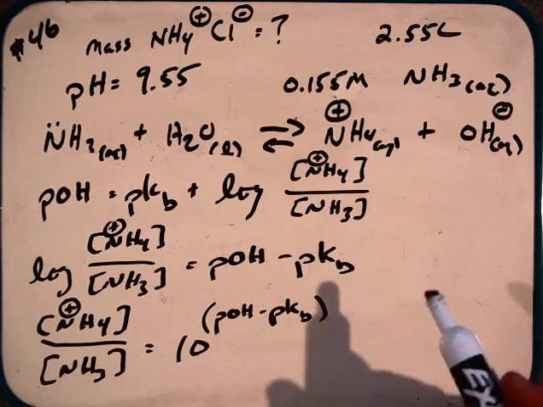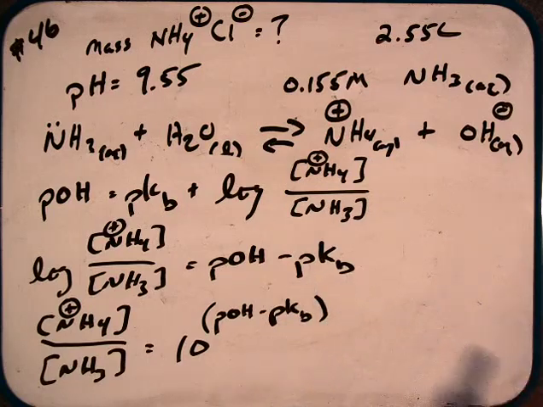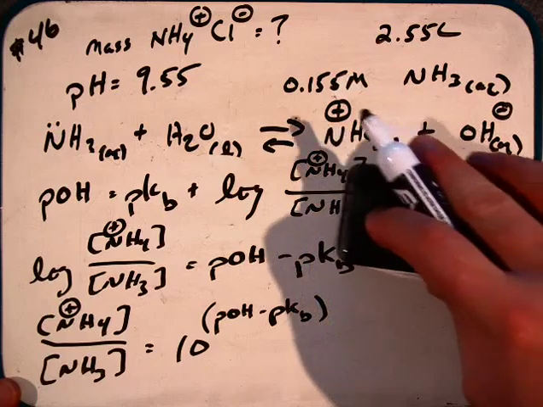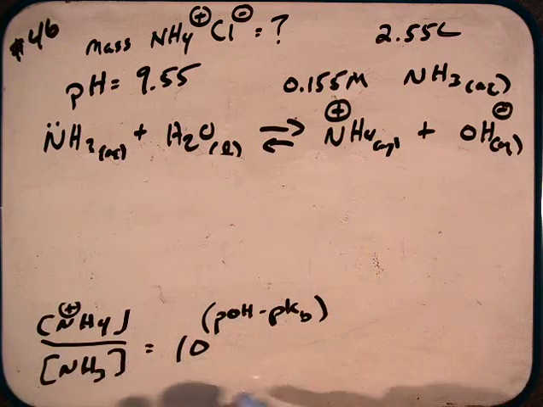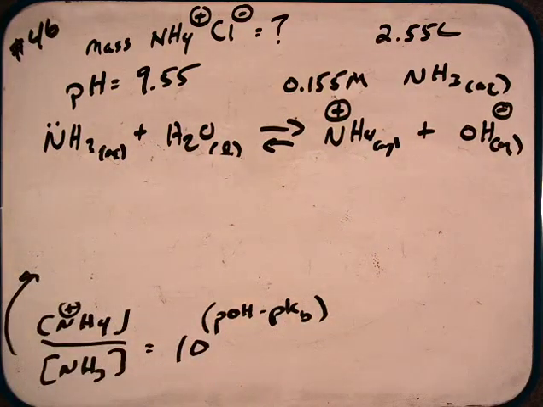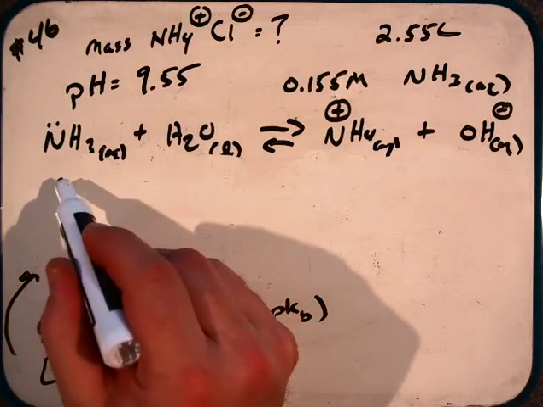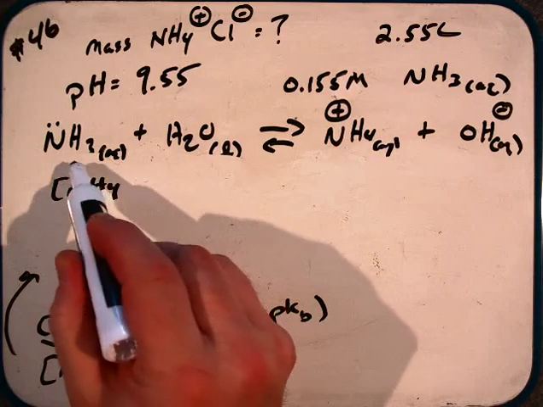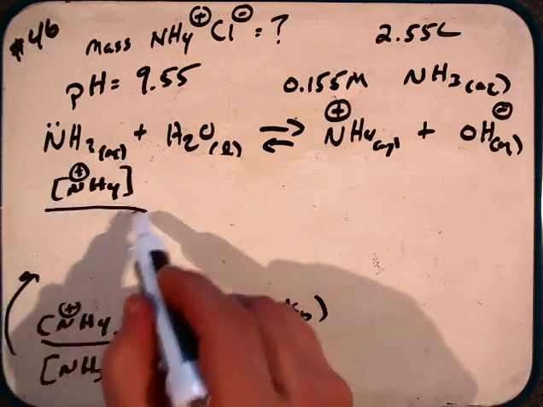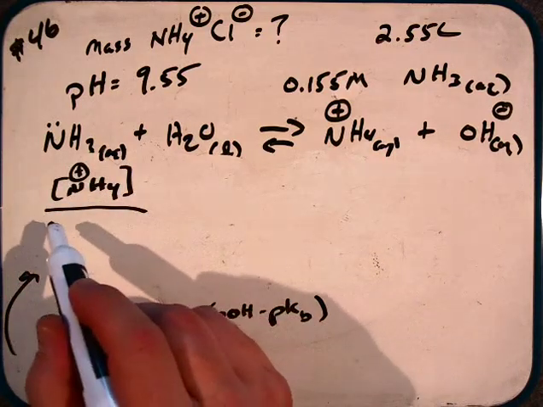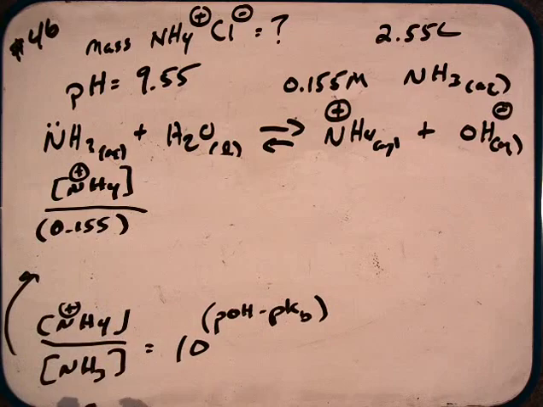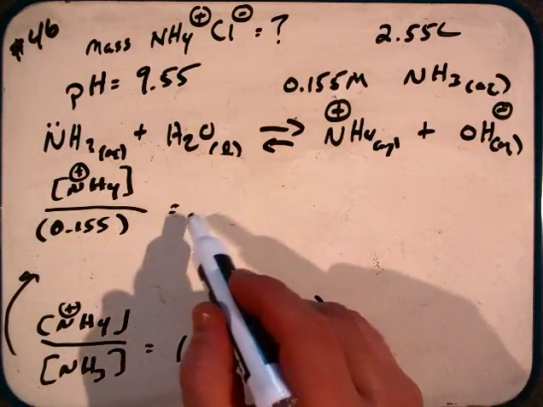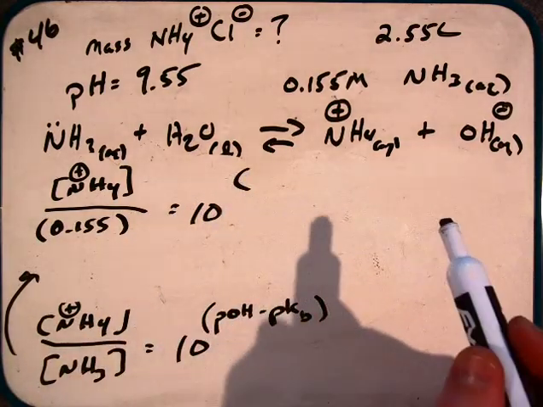And so if we plug these in, if we come up to here, right, our NH4 concentration is what we are looking for, but we have that initial concentration of my NH3, and so that's going to equal 10 to the pOH.